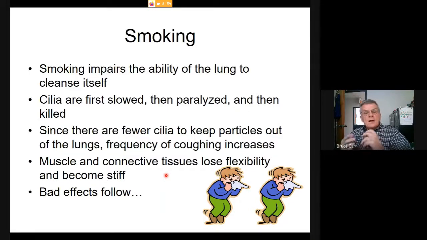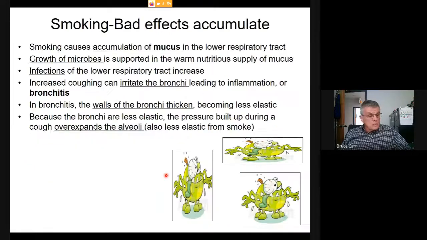That means they become stiff and less rigid. And so what happens as a normal cough in a non-smoker becomes dangerous repeated activity in the smoker. As this happens, the goblet cells pour out more mucus because there's a contamination. Mucus is actually a nutrient.